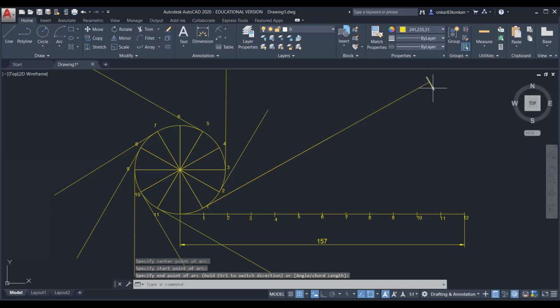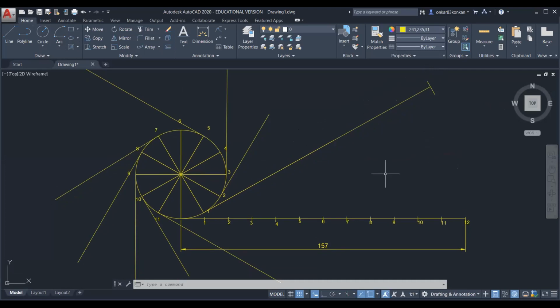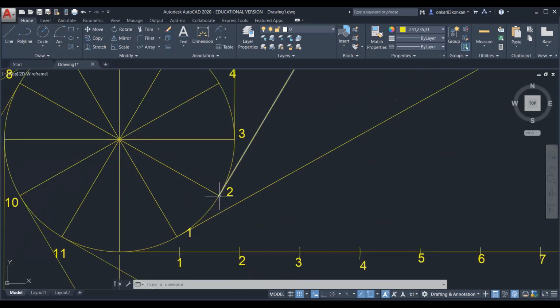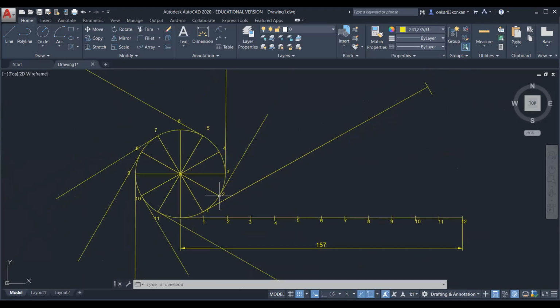So you will get this arc if you draw the arc by using compass. After that, when this string touches point 2, then we will get the radius from point 2 to 12. So take the distance 2 to 12 in compass.